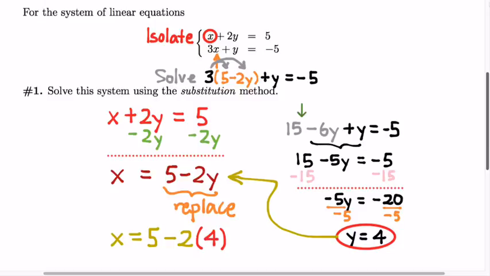Because the x is by itself already in this equation, all we have to do is simplify the arithmetic on the right-hand side. 5 minus 2 times 4. What's 5 minus 8? We end up with negative 3. And therefore, we've found our value for x.